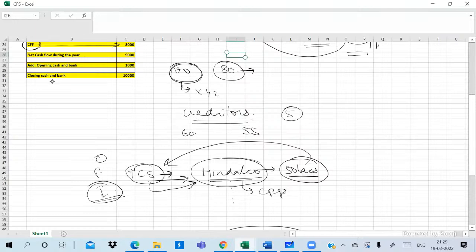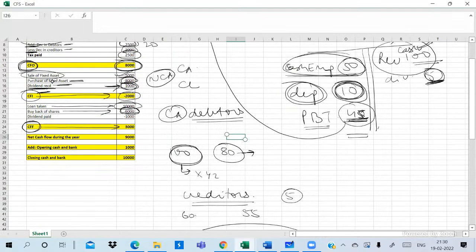So when you are paying dividend, it's a part of financing activity because you are paying dividend on the equity share capital, which deals with your long-term sources. And that's nothing but your part of financing activity. So you pay dividends, that will come as an outflow in your financing activity. If you're receiving dividends, that's because you've done investments in some other company. So that will be a part of your investment activity. So dividend received will come here. Dividend paid will come here.